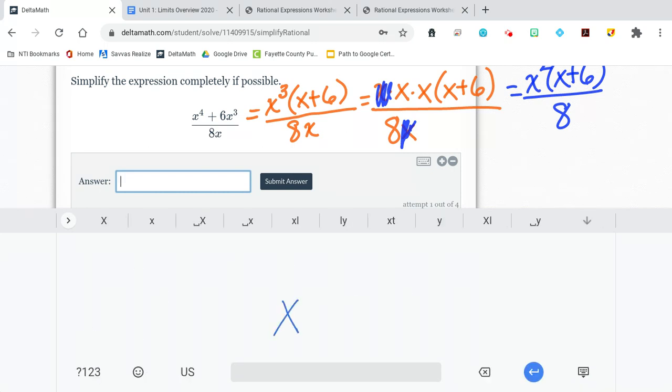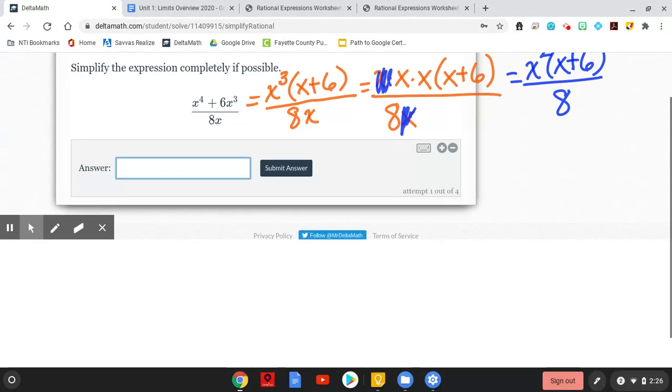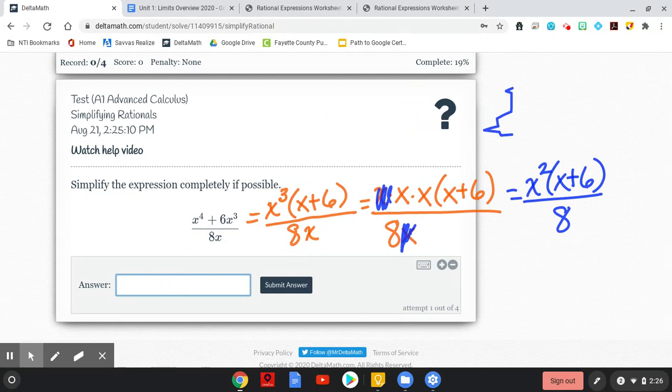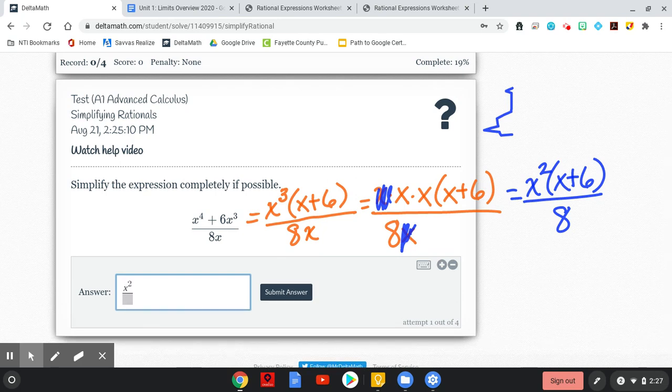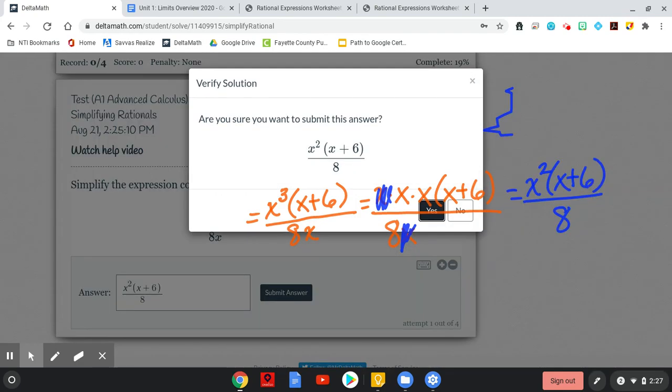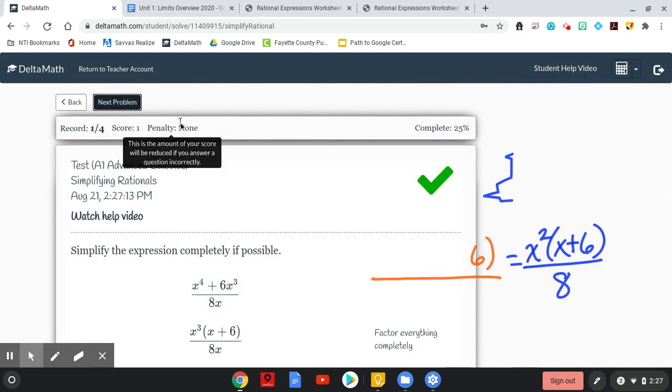I'm struggling with my keypad here. Okay, let me go to the regular keyboard. x squared times x, make sure I'm not typing that as an exponent, times x plus 6 over 8. Type it in, submit my answer, and I'm correct.